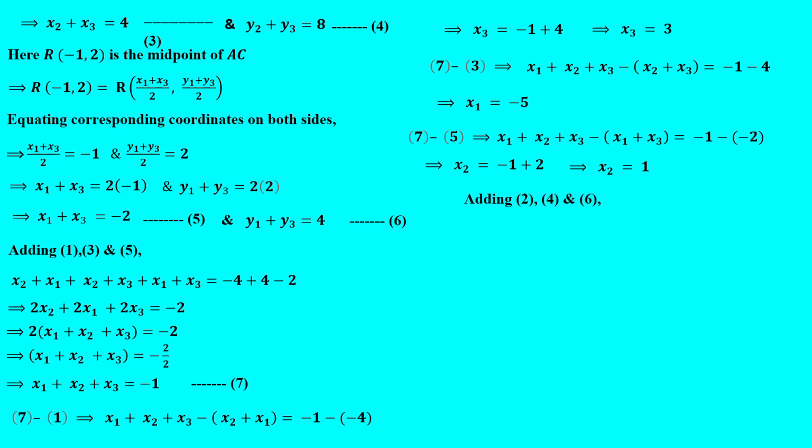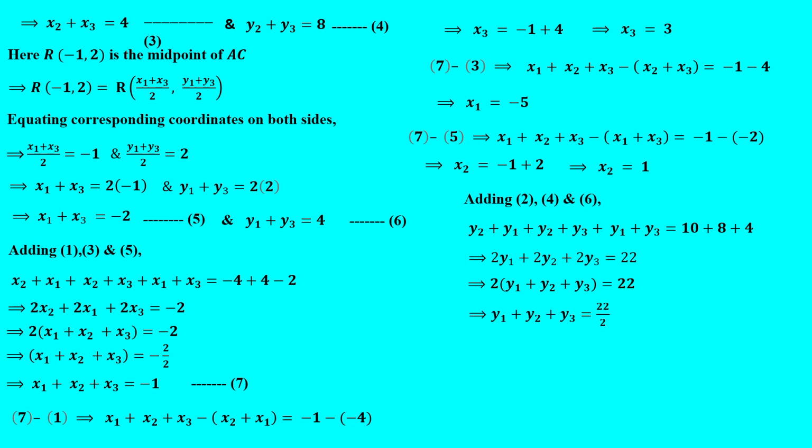Now adding the remaining equations 2, 4 and 6. So y1 plus y2 plus y1 plus y3 plus y2 plus y3 equal to the second equation 10 plus the fourth equation 8 plus the sixth equation 4. So 2y1 plus 2y2 plus 2y3, which is equal to 22. So 2 is common: 2 into y1 plus y2 plus y3 equal to 22.